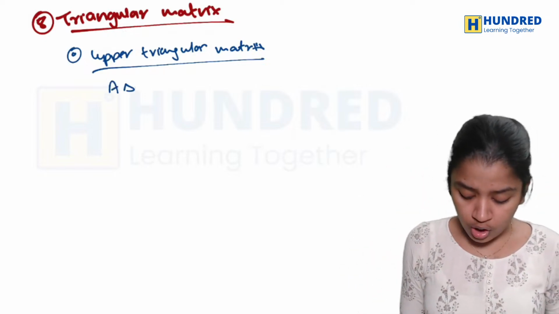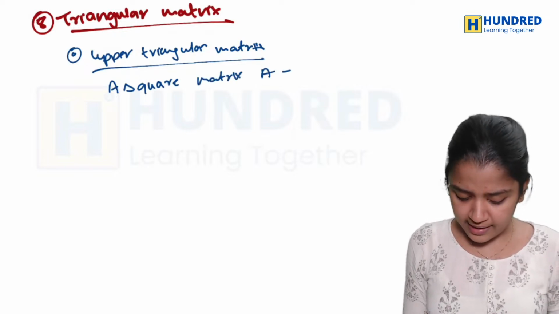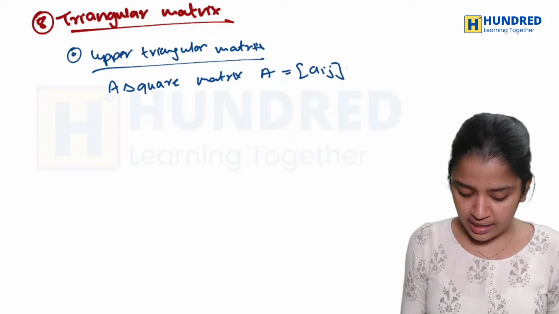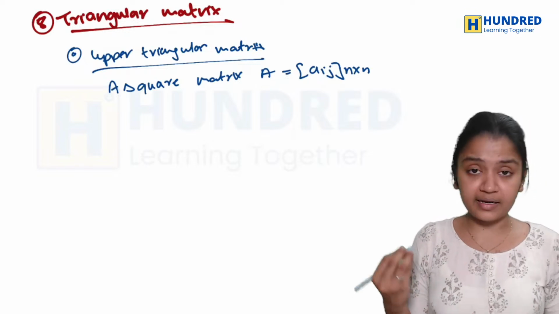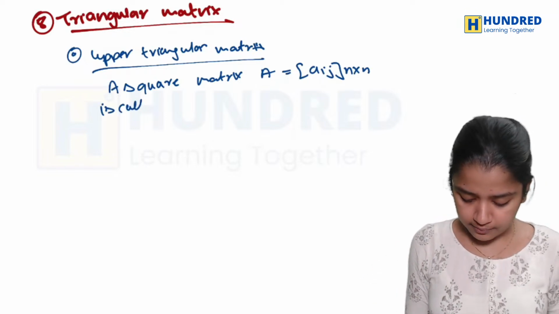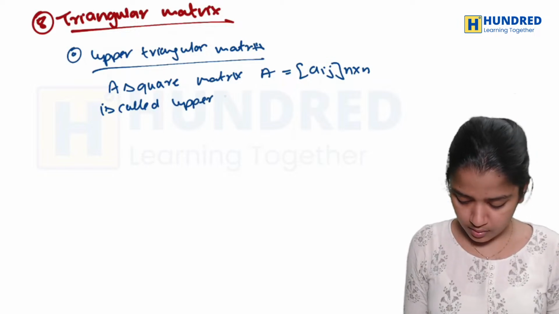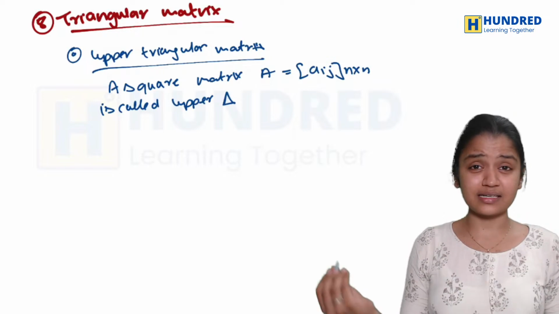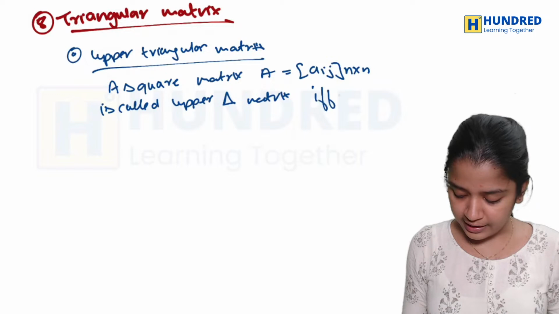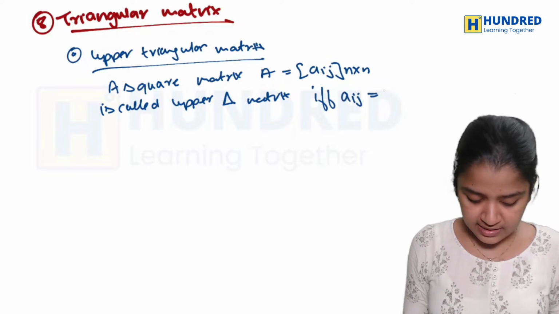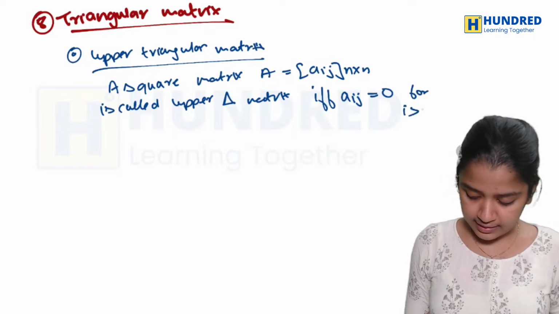So a square matrix A = [Aij] of size n cross n is called an upper triangular matrix if and only if Aij is equal to 0 for all i greater than j.